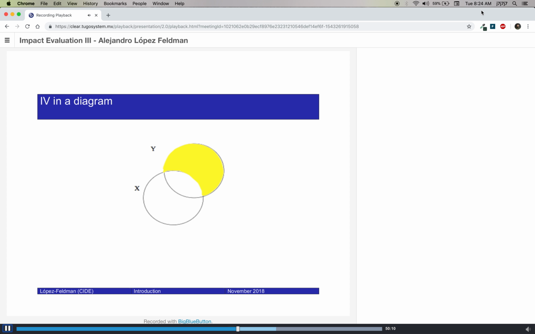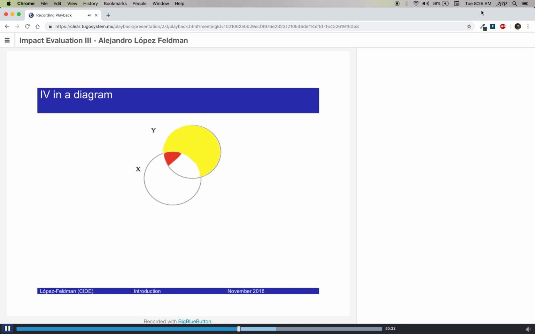But the endogeneity problem that we have here, maybe we can analyze this with diagrams, and this can be seen as a problem where error is no longer the yellow part, but error in this case is the yellow and the red area. And what does it mean? This means that this is just a small part, the red area, and this is related to x and y. So this is the endogeneity problem because the red area is in x.